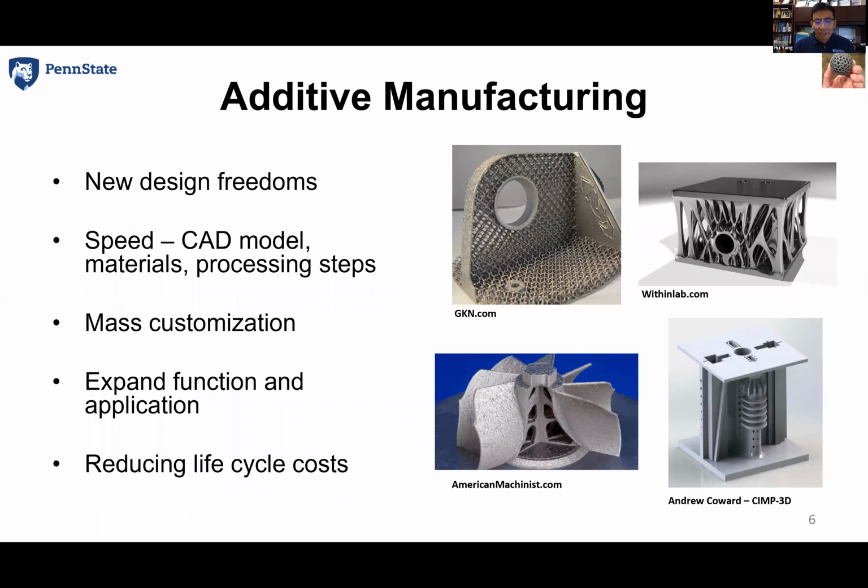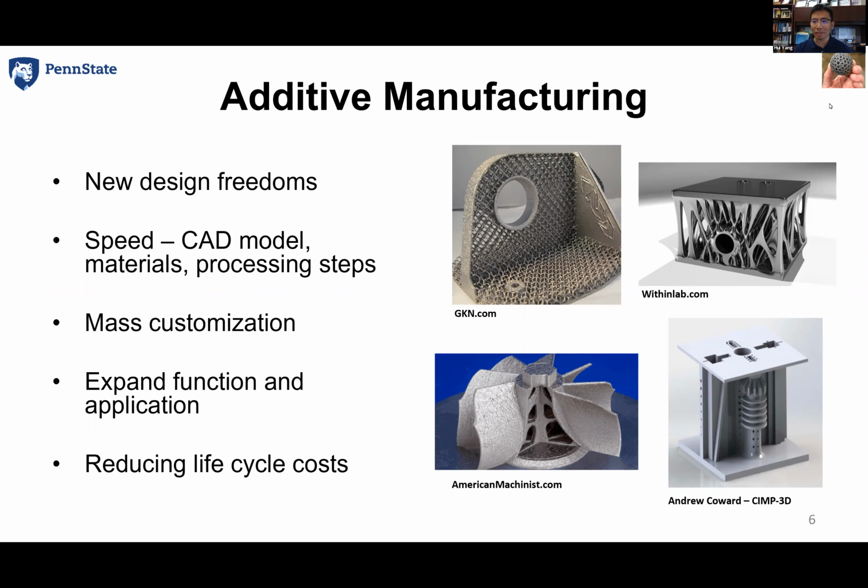Now let me get into additive manufacturing. Additive manufacturing provides new design freedoms. As you can see from this picture, it makes it possible to fabricate complex geometry products, which was not possible with traditional manufacturing, for example subtractive machine cutting, which cannot reach such complicated geometry.